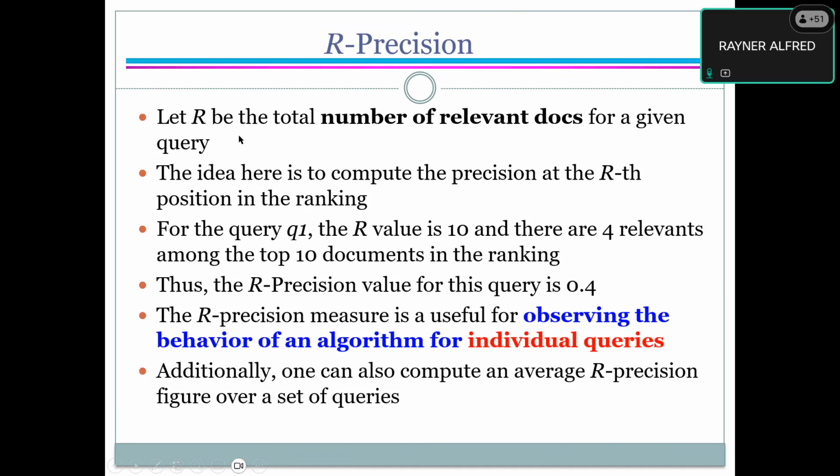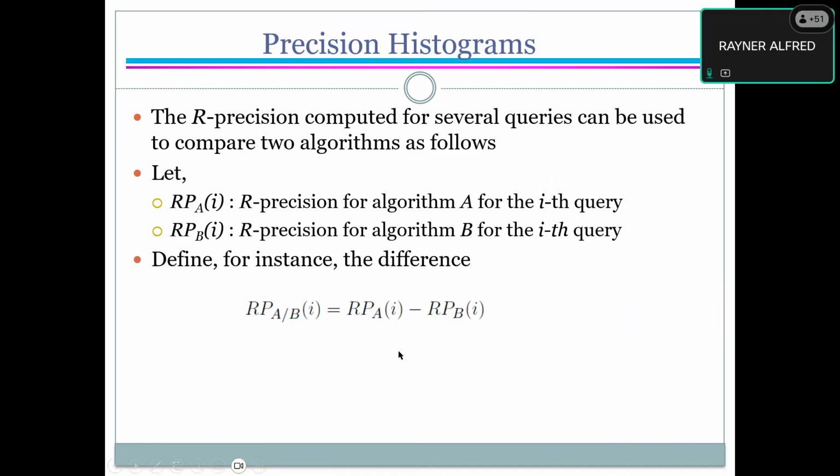So the idea here is to compute the precision at the R position in the ranking. Okay, so this is the precision for algorithm A for the I query, and this is the precision for algorithm B. So they just take the difference between these two.